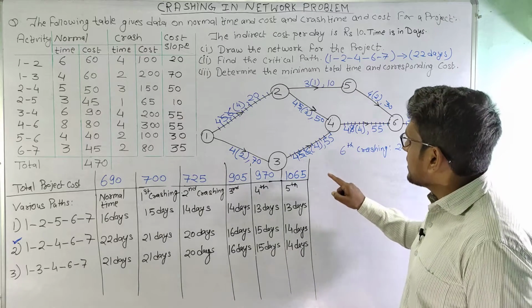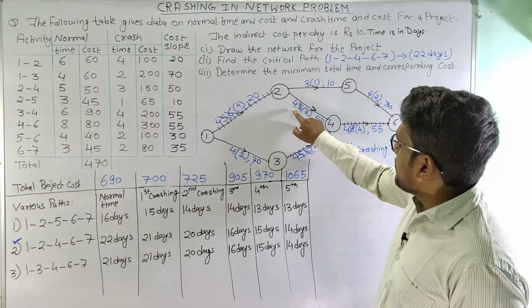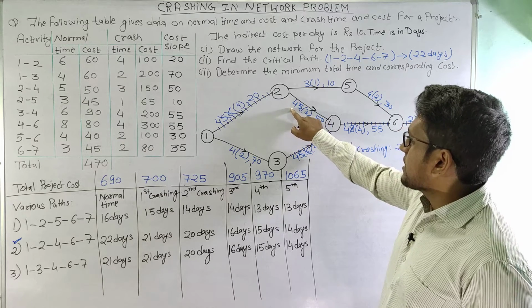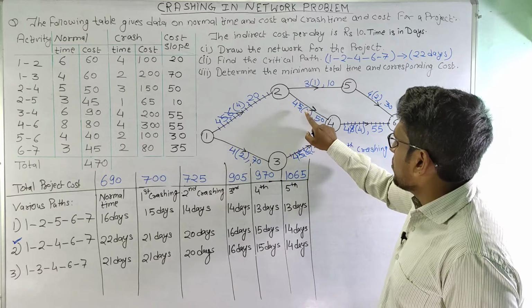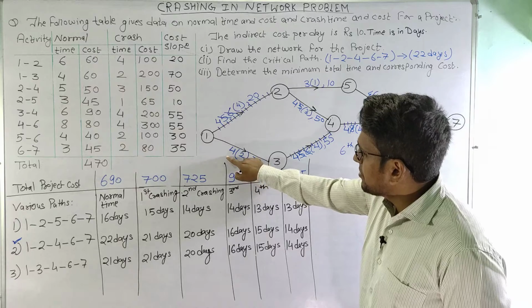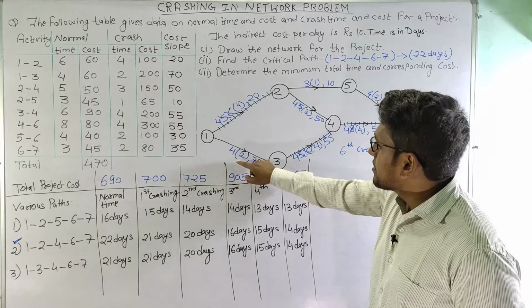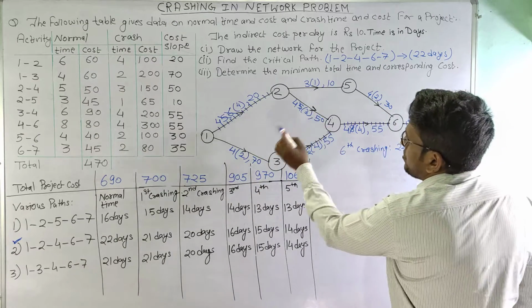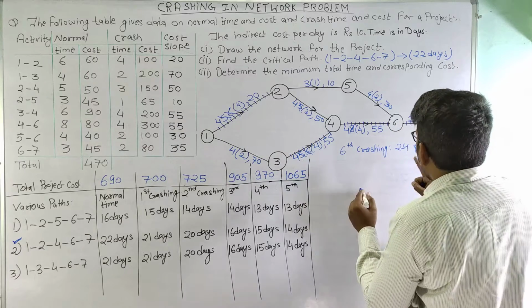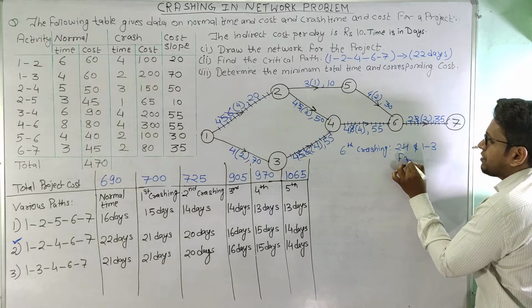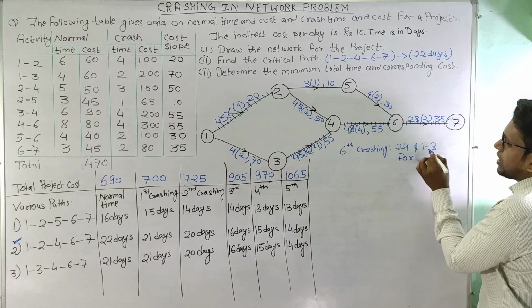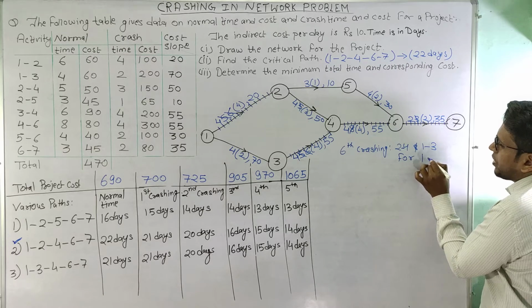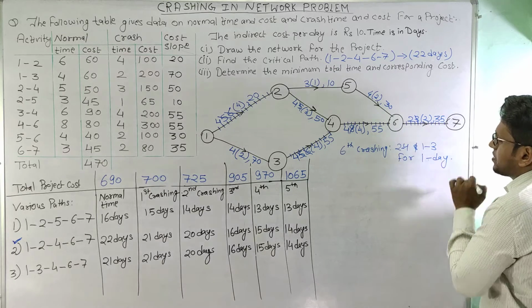And as we can see that this is having the maximum time of 1, that means this activity can be crashed for 1 day only, and this activity can be crashed for 2 days. So we will crash activity 2 4 and activity 1 3 for 1 day only.